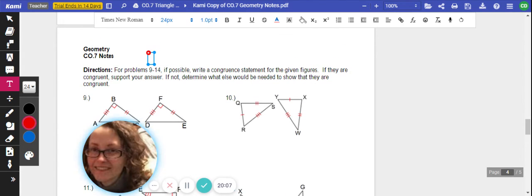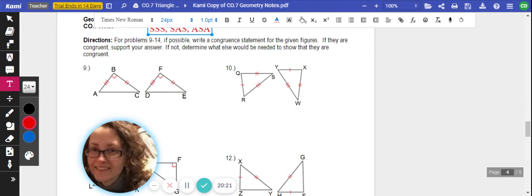The three congruence theorems that we have are side, side, side, side, angle, side, or angle, side, angle. Those are the three we're going to be trying to look out for. Do I have side, side, side, side, angle, side, or angle, side, angle showing up in my diagram?